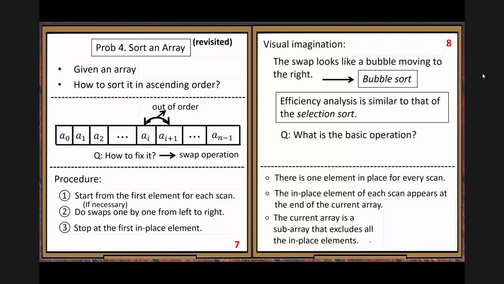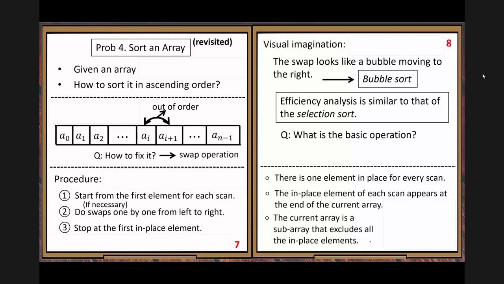We have two operations, one comparison and another swap. When we find an inversion, we swap the two elements. So is the comparison the basic operation, or is the swap operation the basic operation?